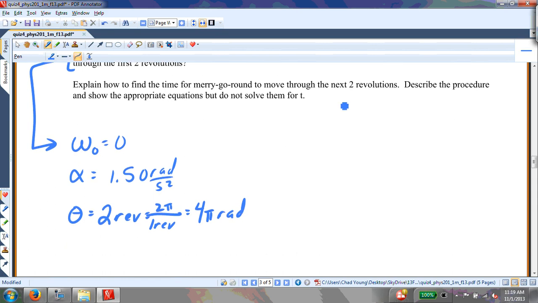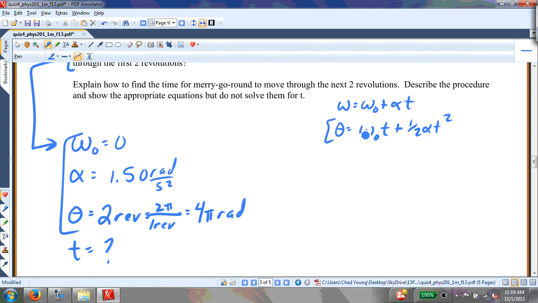Now let's just write down our equations. I have omega equals omega naught plus alpha t. And I have theta equals omega naught t plus 1/2 alpha t squared. This one's pretty simple because I'm looking for t. And I have these quantities, so clearly I need to use this. Now, omega naught goes to 0, so that whole term goes to 0. So I get 4 pi, which is theta, equals 1/2 times alpha, which is 1.50, times t squared.